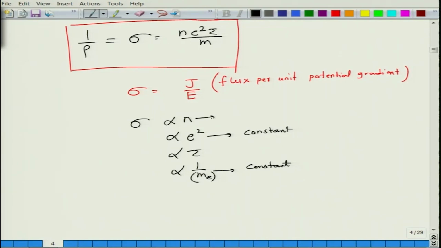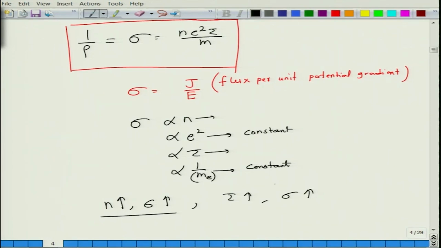What varies is n and tau. So if n increases, sigma increases, if tau increases, sigma increases. Now n is generally fixed for a given material, and it does not change too much.